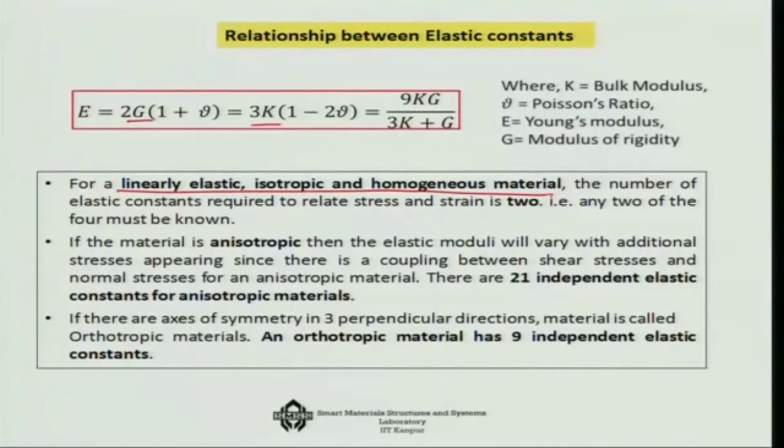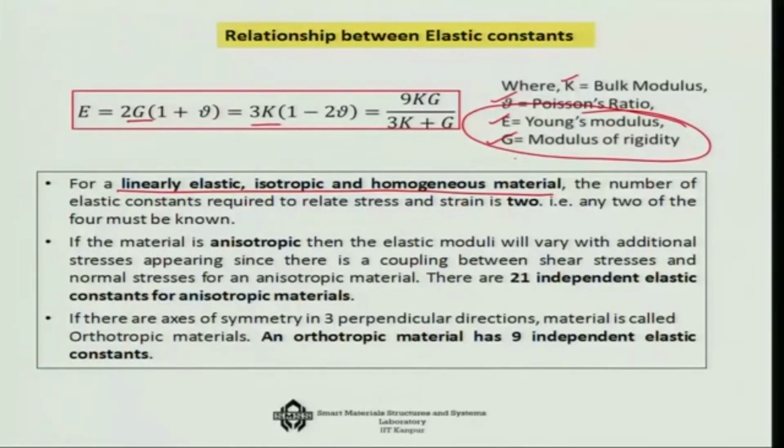We have these 4: K, nu, E and G. Out of them, any 2 if you give me, I should be able to derive the other 2, provided the material is linearly elastic, isotropic and homogeneous.